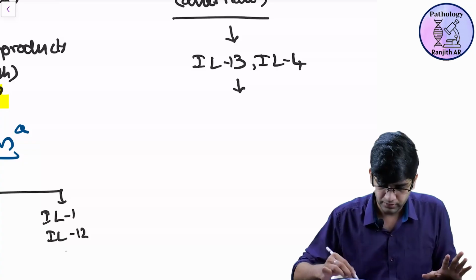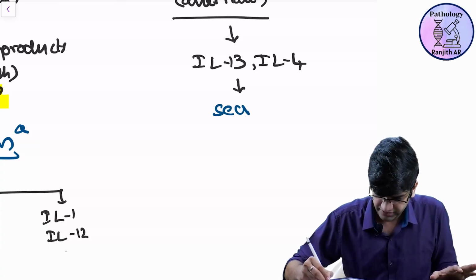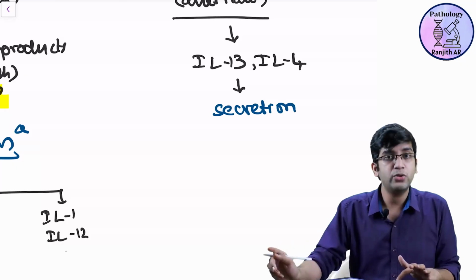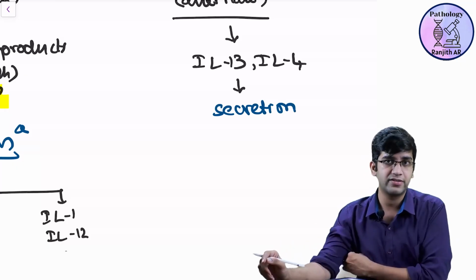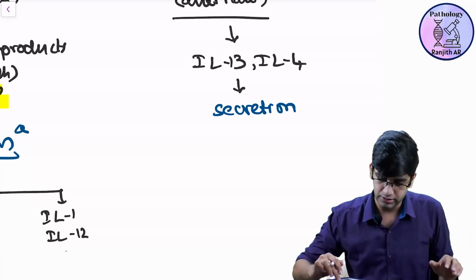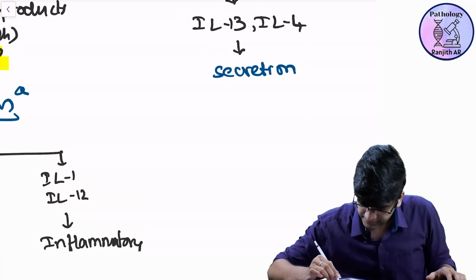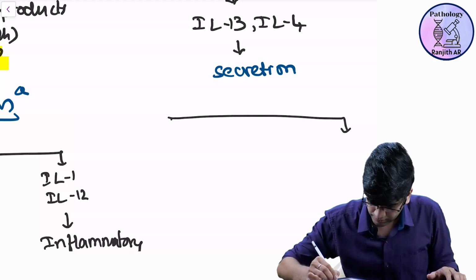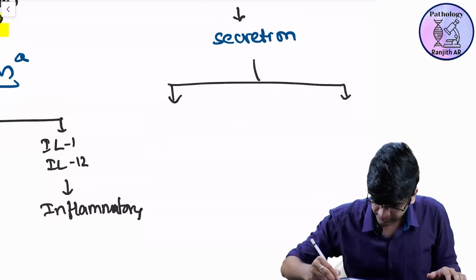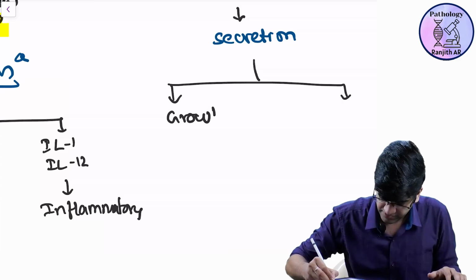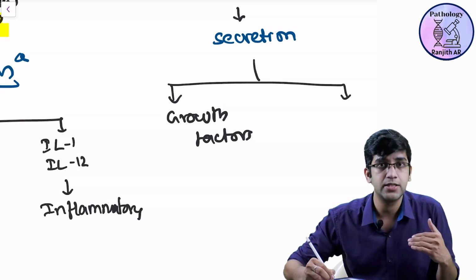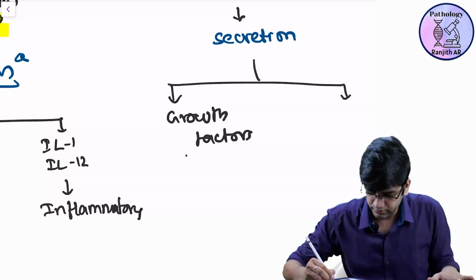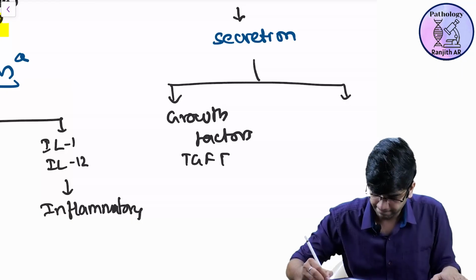The function is the same, secretion only. It also secretes, but not the same things M1 secretes. Different secretion, different function. So what do they secrete? They secrete growth factors and TGF beta.